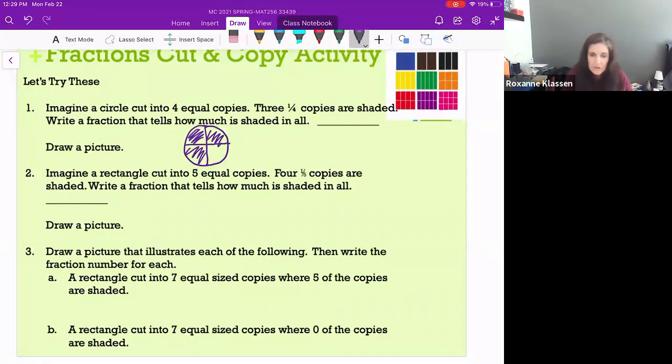And so our fraction of how much is shaded altogether is 3 out of 4, or 3/4, or 3 copies of 1/4. Yes? Okay, try 2 and 3. I think you can read them, can't you? Okay, try those 2.